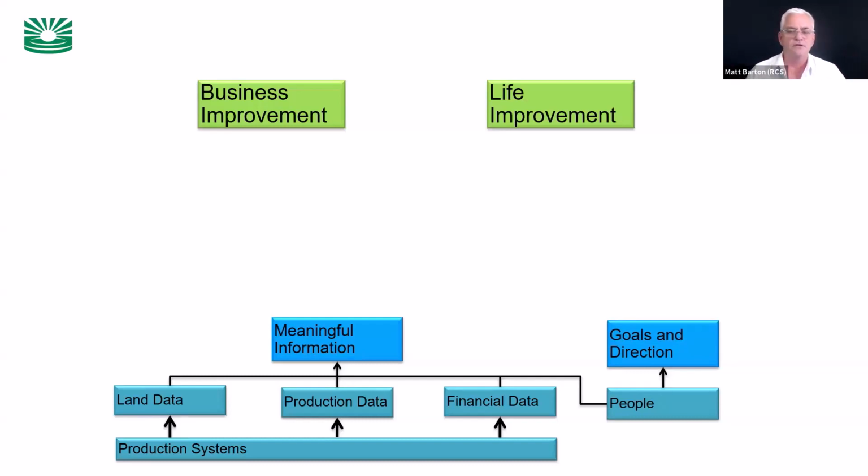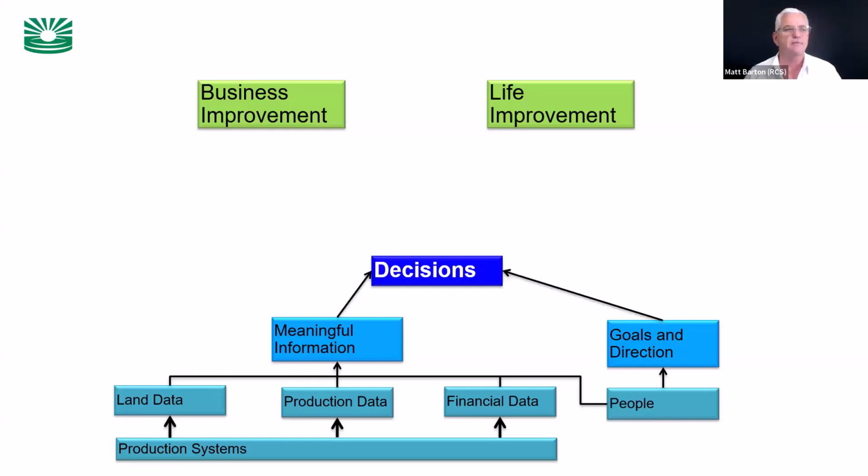Doesn't matter, because you haven't got a destination in mind. And it's exactly the same for businesses. If you have no direction or no goals, it doesn't matter what you do. So it's really important to have the people involved with the business and the stakeholders to have clear directions and goals. And that allows you then to make those decisions.